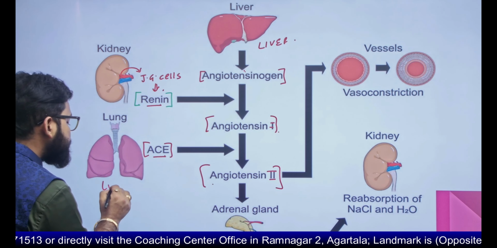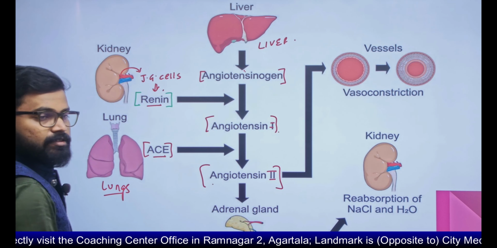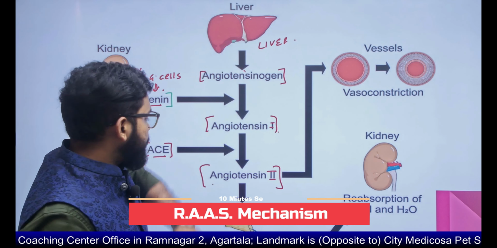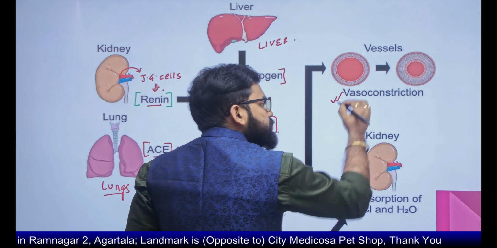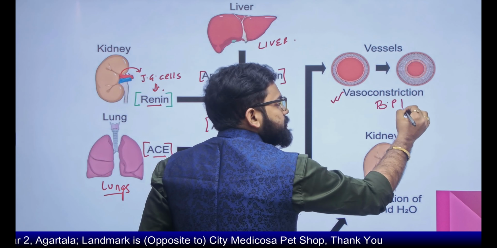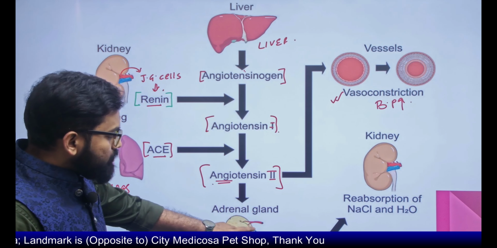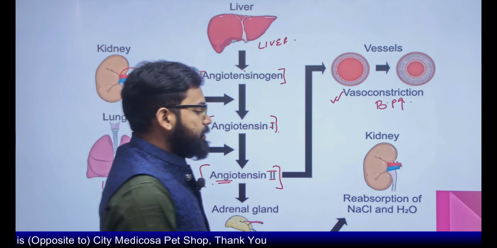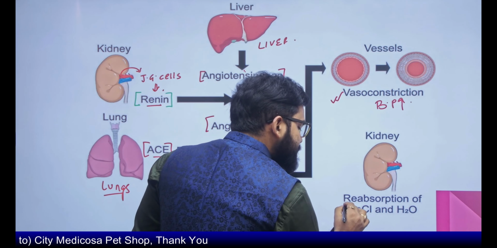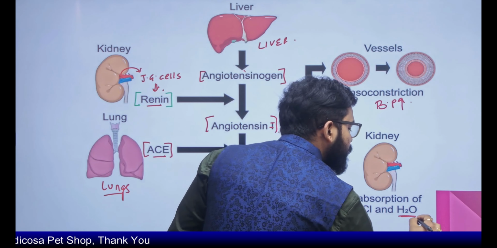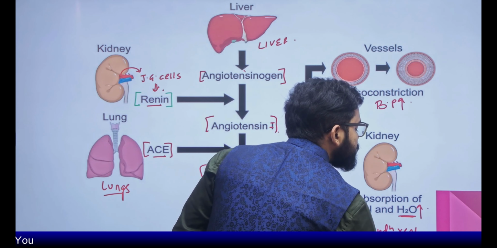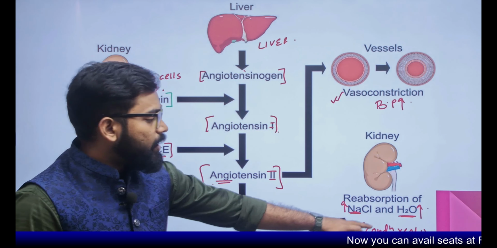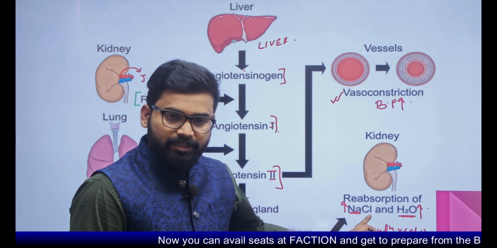This came from the lungs, the pneumocyte cells of lungs. This came from the hepatocyte cells of liver. This angiotensin 2 itself acts as a vasoconstrictor, that is, it increases the blood pressure, and also stimulates the adrenal gland that reabsorbs NaCl, that is sodium ion, chloride and water. This is called conditional reabsorption, thus increasing the blood volume and the ionic concentration.